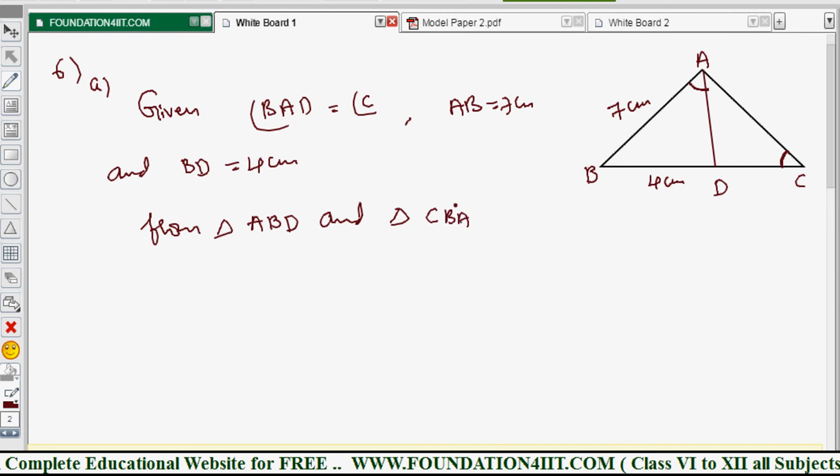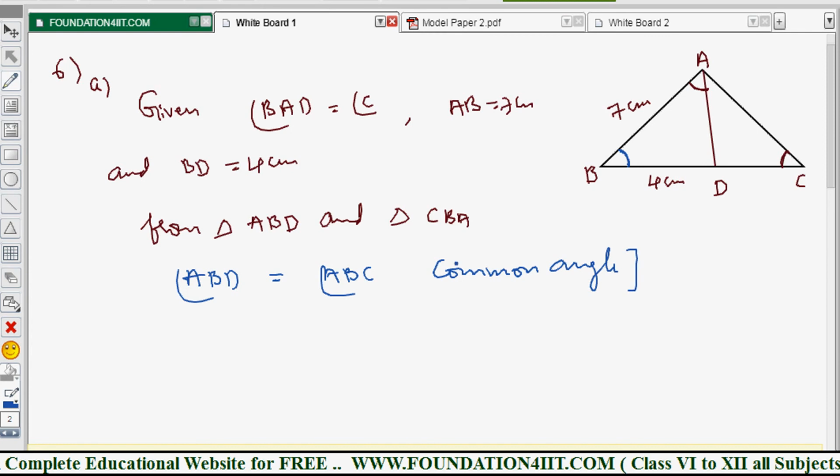If you observe, one angle is common. In both triangles, angle ABD is the common angle, so angle ABD is equal to angle ABC.